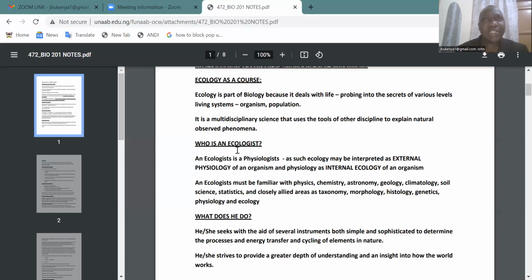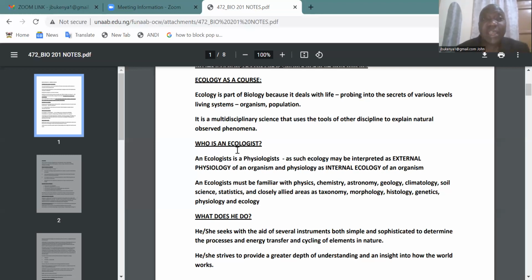So ecology has many other branches, for which reason the study of ecology, and for that matter ecologists, must be equipped with wide knowledge from other branches of biology: wide knowledge from physiology, for which reason they will be interested in physiological ecology, and wide knowledge from animal behavior, for which reason they will be called behavioral ecologists.